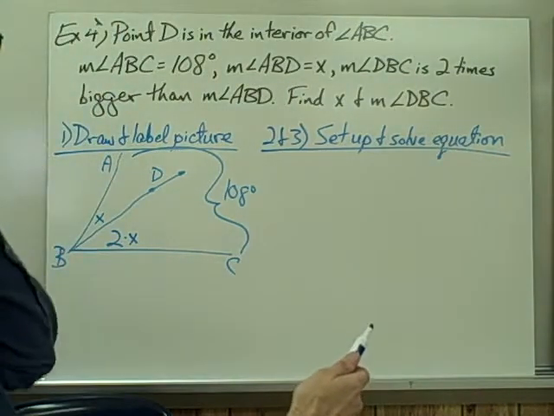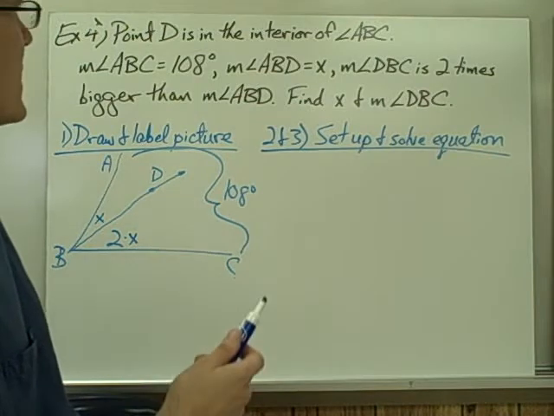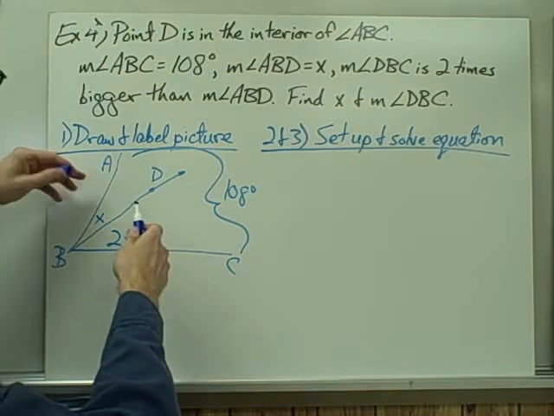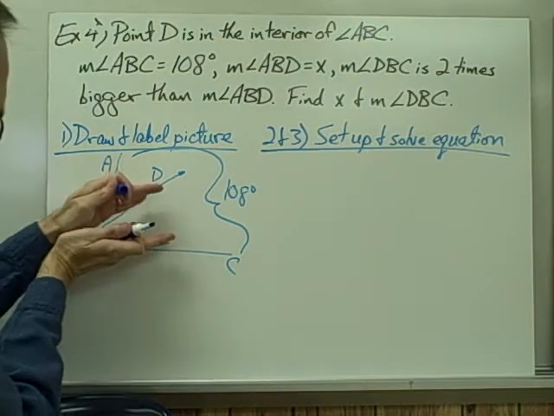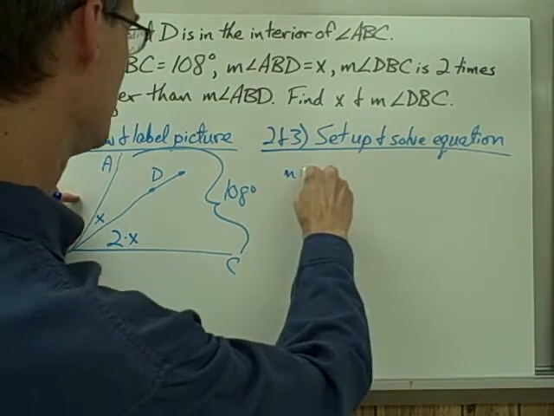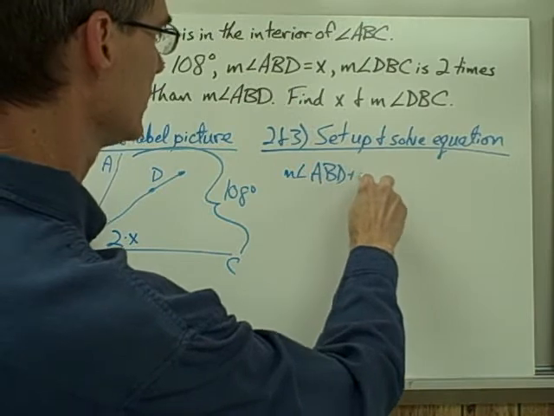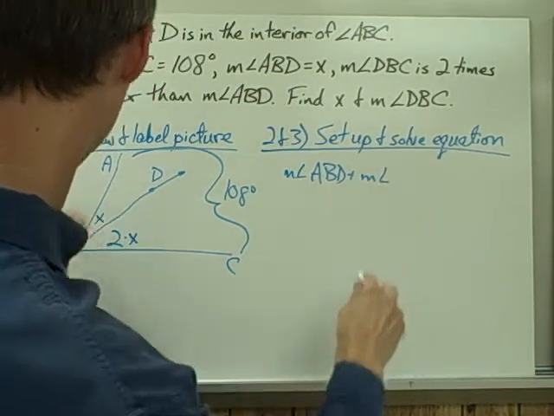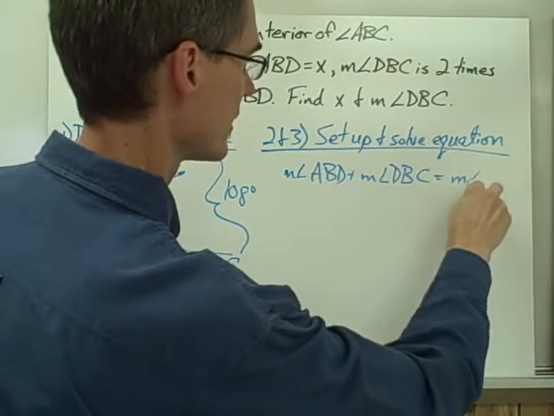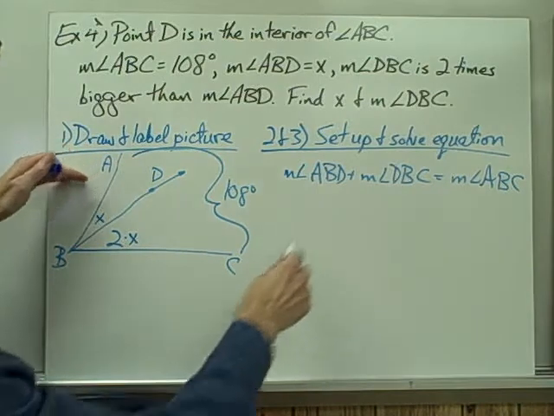So let's see. I'm going to be using the problem-solving tool I just learned, which is the angle addition postulate. An angle addition postulate tells me that this angle plus this angle is equal to this large angle. So that's the measure of angle ABD plus the measure of angle DBC equals the measure of angle ABC, the large angle.